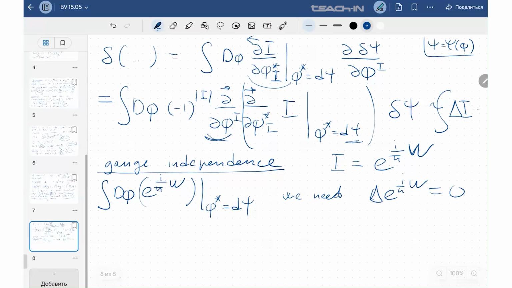It's not difficult to see what it means, so let me do it explicitly. So we have minus 1 to the power I, d over d phi I, d over d phi star I, exponential.